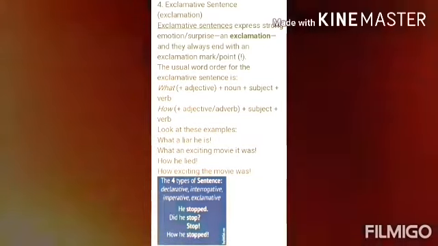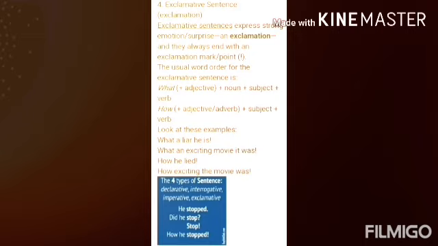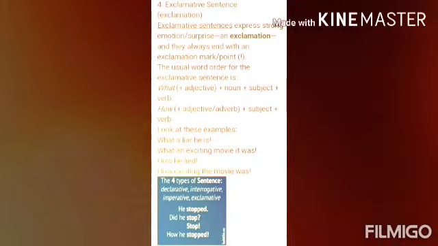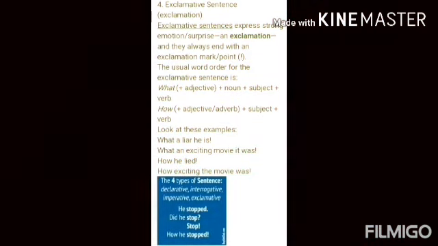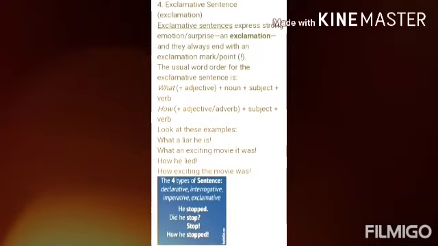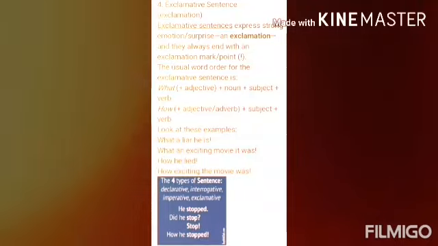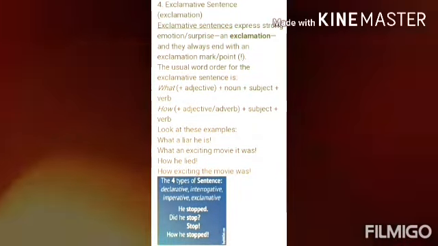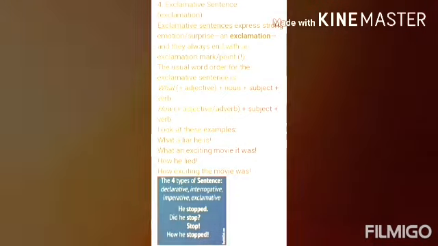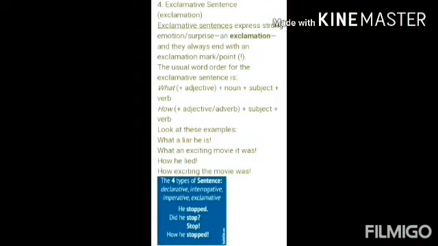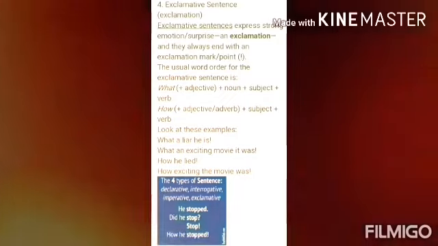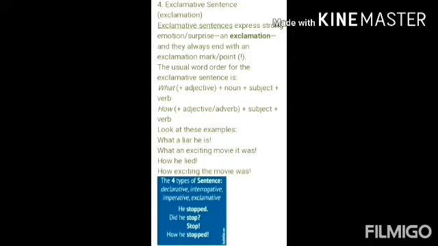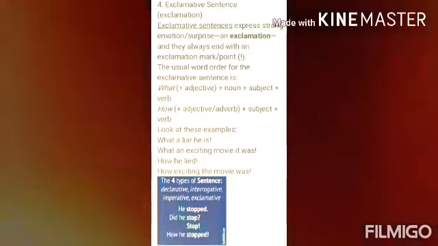This sentence expresses a sudden or strong feeling of the mind. What an exciting movie it was. It also indicates a strong feeling of the mind, emotion, surprise. How he lied. How exciting the movie was.